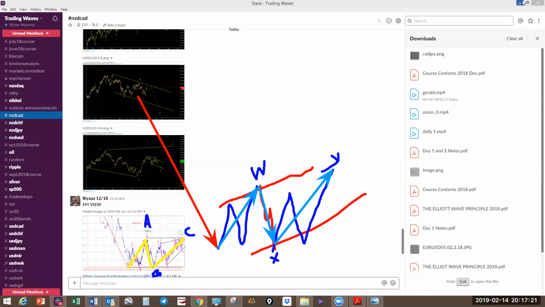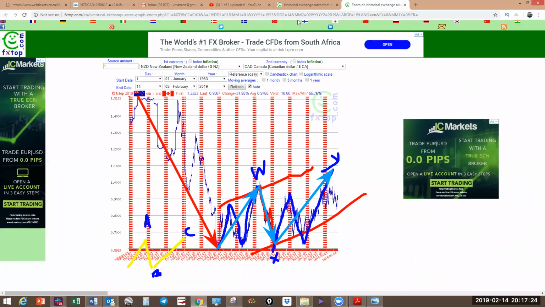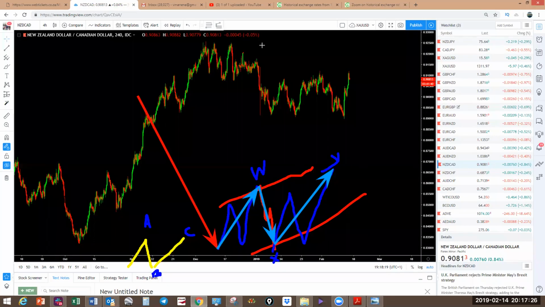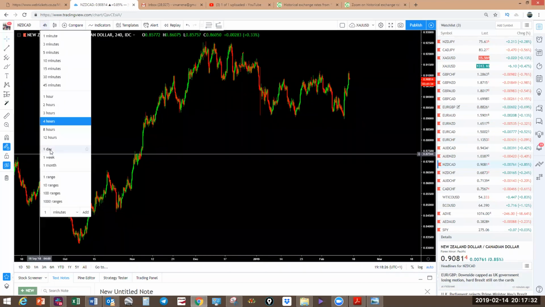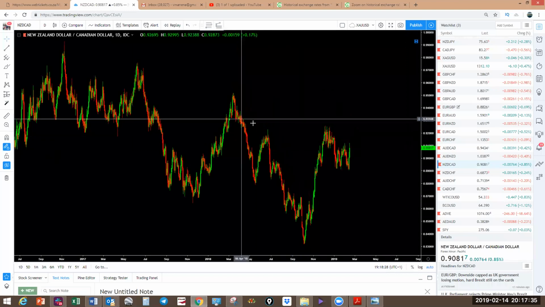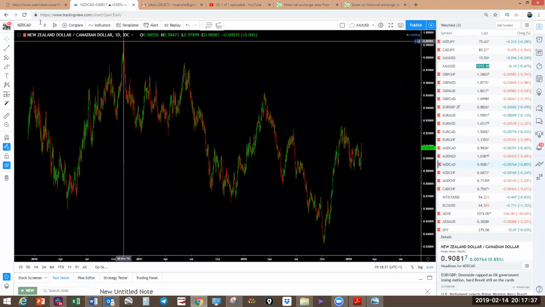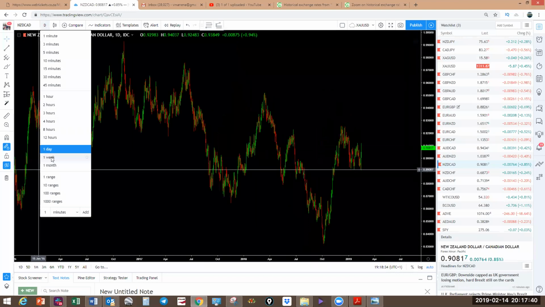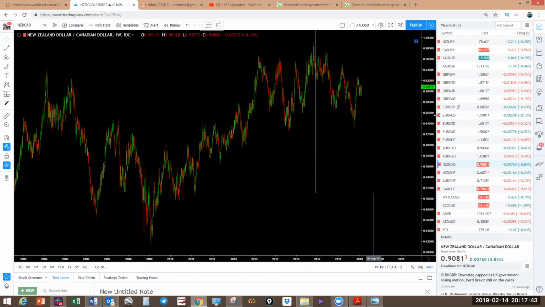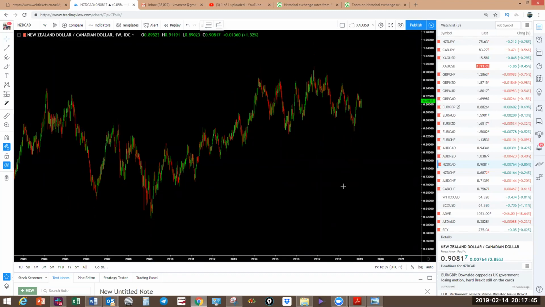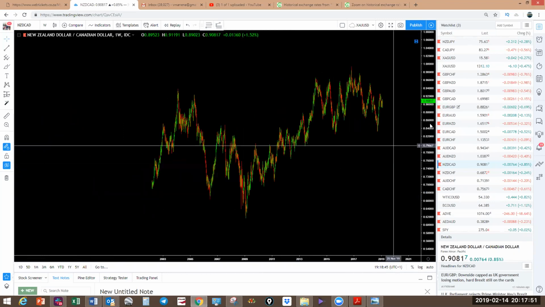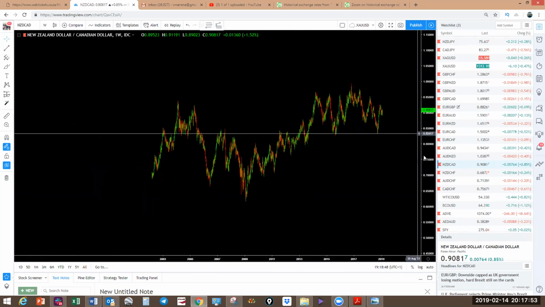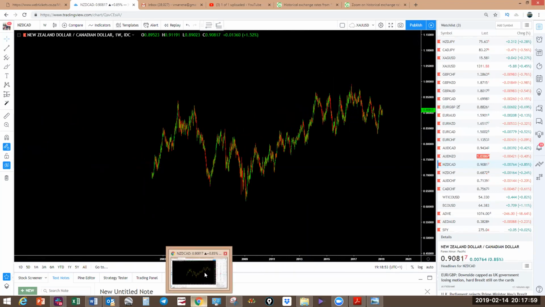Let's have a look now. Let's go to the chart. So this structure is changing slightly, maybe changing slightly from what we initially had a couple of weeks back. Let's have a look here. I'm going to go into the weekly chart on TradingView. I'll move my FX top chart to the side.